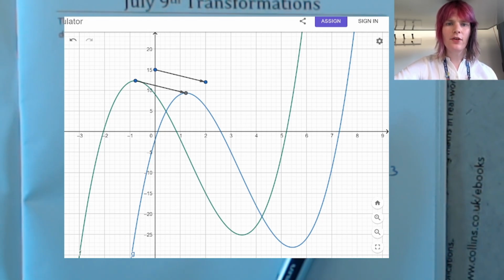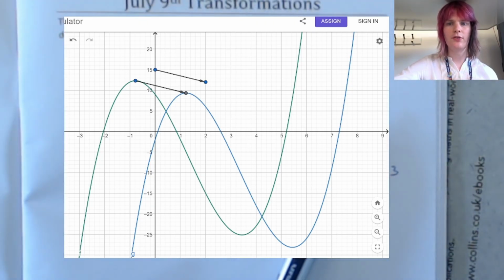I've taken a vector, so this vector drawn here, I know it looks a bit weird, the scaling's a bit funky on here, but that is the vector 2, minus 3, so that's the direction that we wanted to go with our transformation. And then I've attached that to the graph.